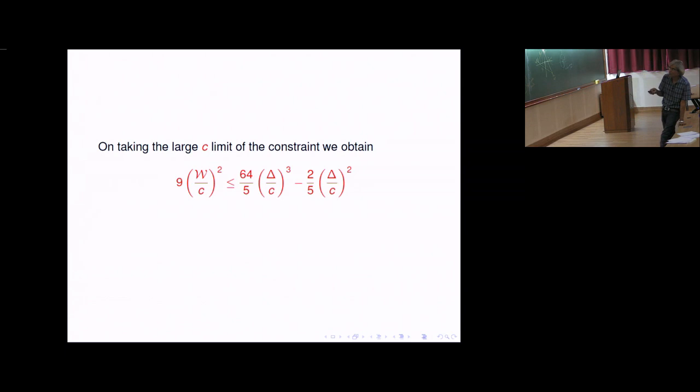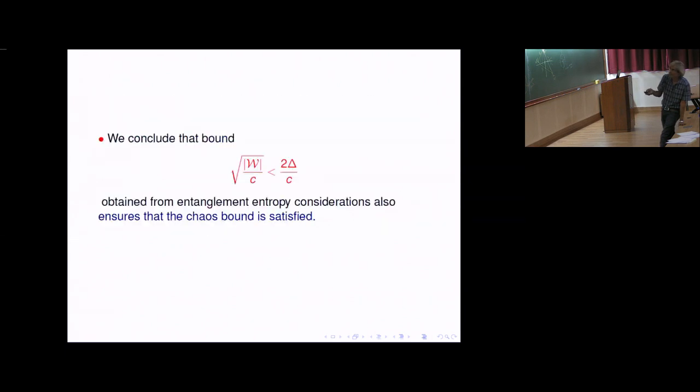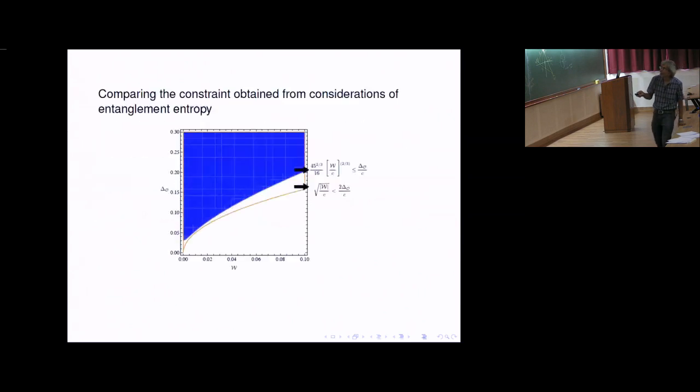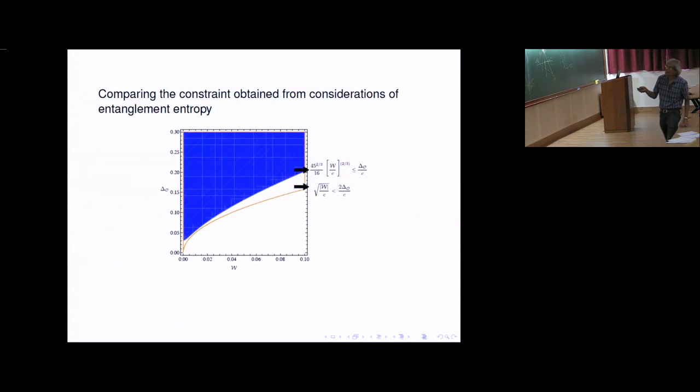It's certainly different from our constraint, so we compared our constraint with that. Our constraint was this, or this, just a simple thing. If you compare, this is the region of Hartmann et al.'s constraint, and our constraint is here. So we are not as constraining as theirs. Actually, theirs is the more right one. I guess because of the scaling limits and everything, we are not as good as theirs.